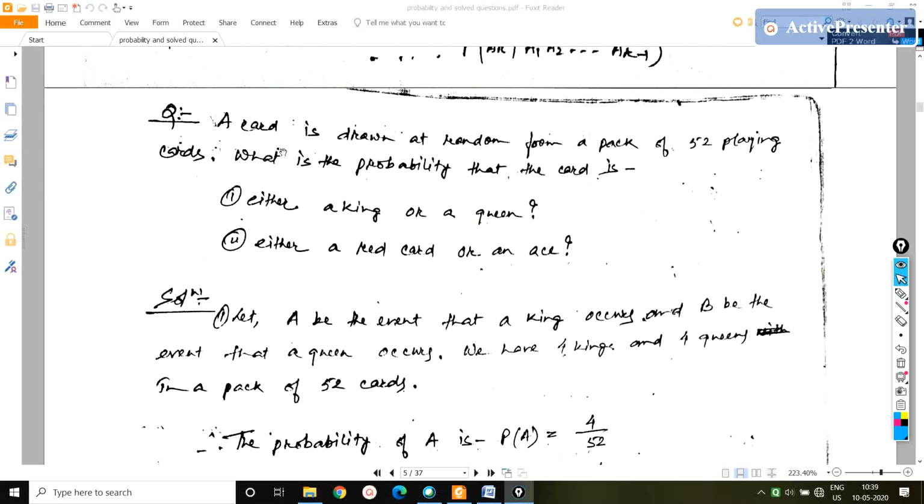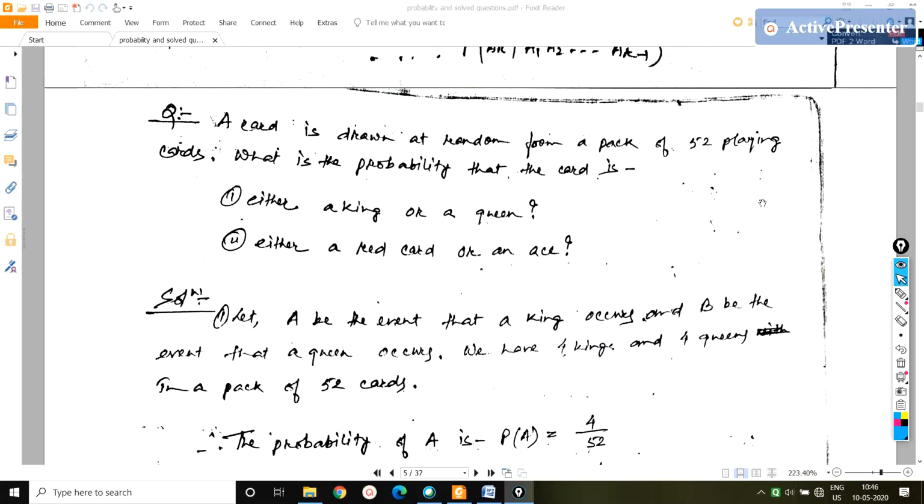Next problem which we are going to show you is a card problem. In this case, a card is drawn at random from a pack of 52 playing cards. What is the probability that the card is either a king or a queen, or either a red card or an ace?